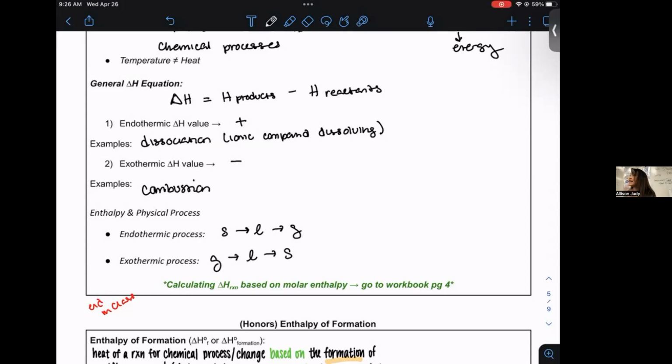That's a little less intuitive, but you're going from a liquid to a solid, from a super chaotic, high energy motion particle arrangement to a more condensed one. It would make sense that your system of particles is losing energy somehow. You just don't always feel it.